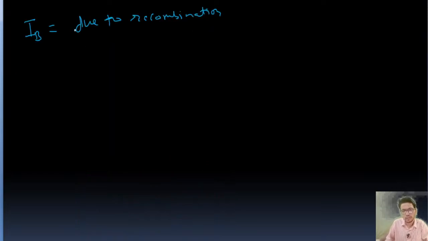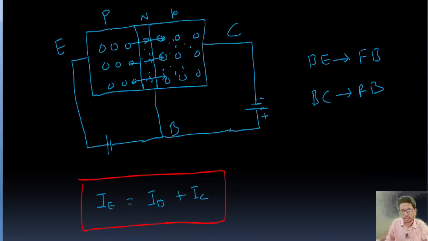So IB is due to recombination, and this is very less. IB current is very less, guys. Okay, so IB is due to recombination.